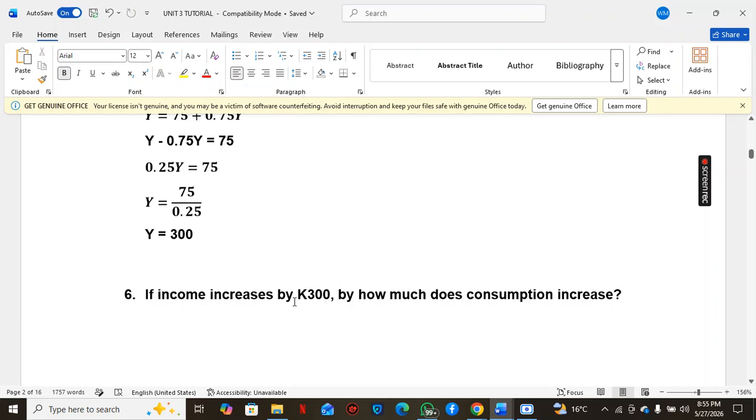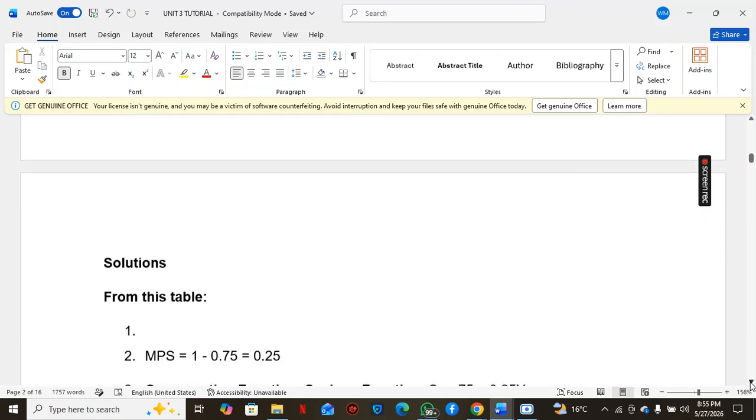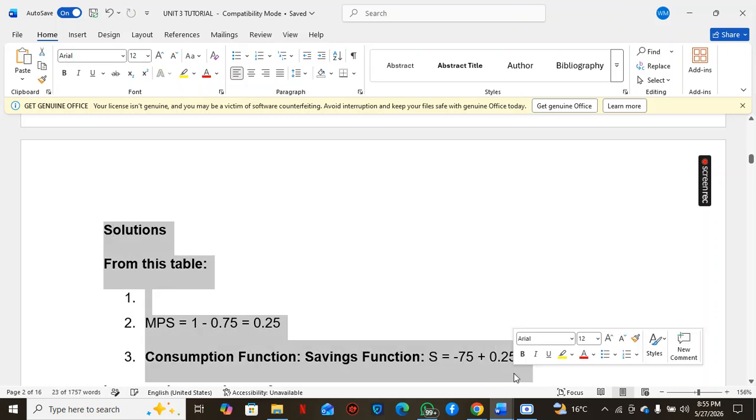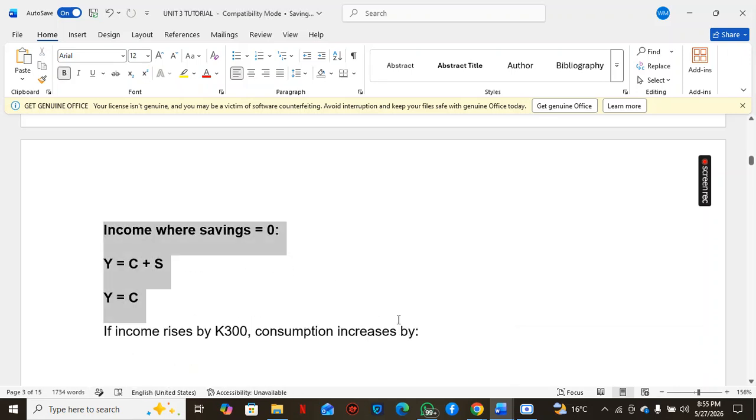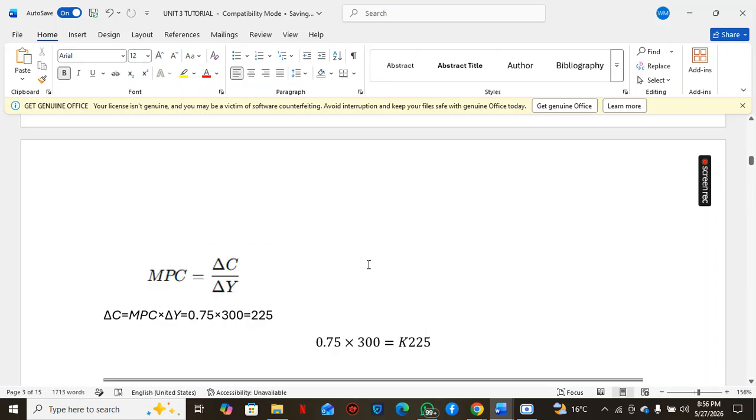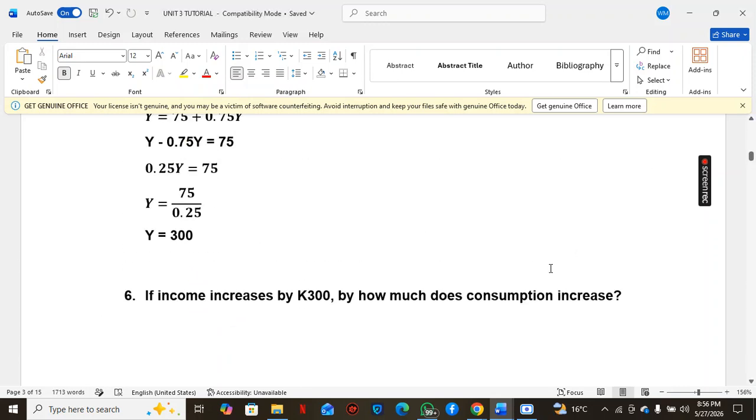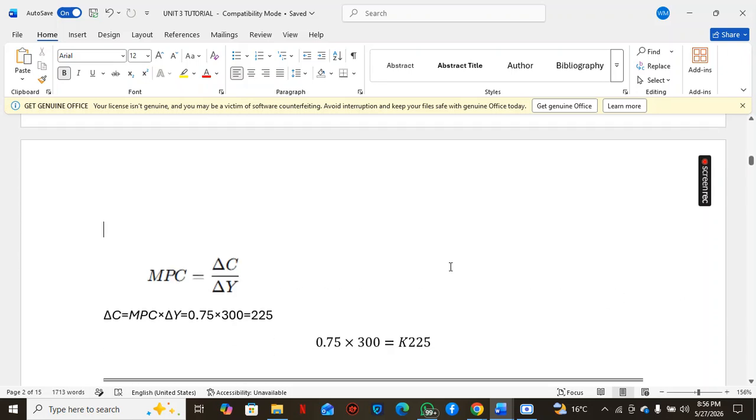If income increases by 300 kwacha, by how much does consumption increase? MPC equals change in C, change in consumption, over change in income. Because the question asks how much consumption increases, you make change in C the subject of the formula.